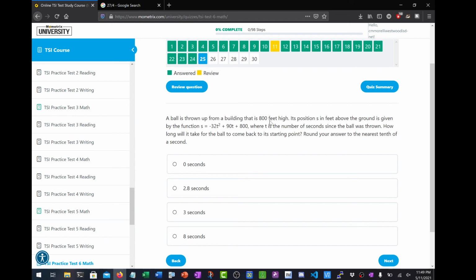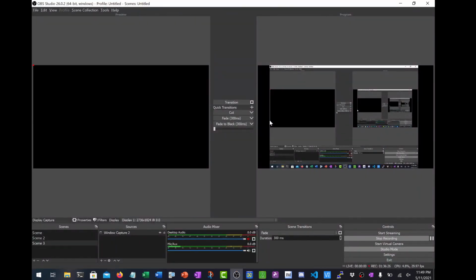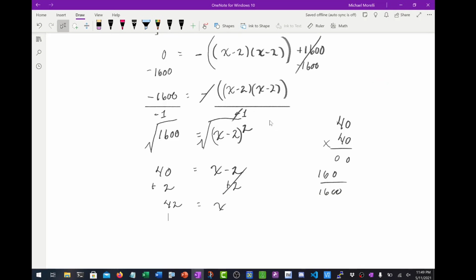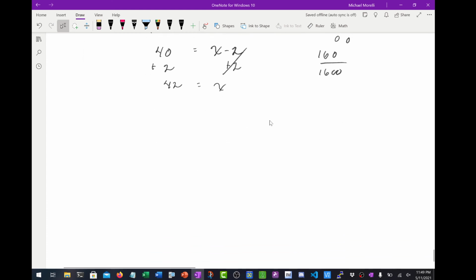All right, so let's just draw the building here. It's 800 feet high. You got a guy up here throwing a ball up, right? It's going up.